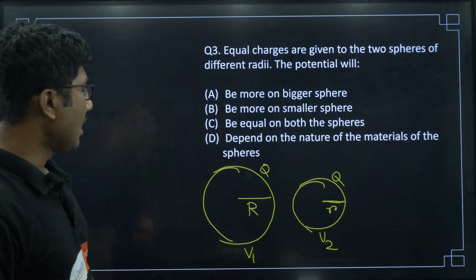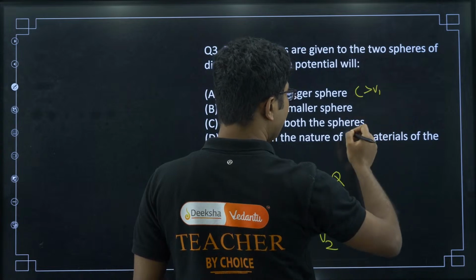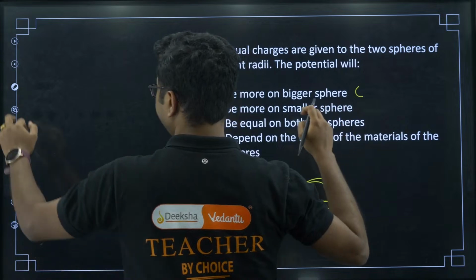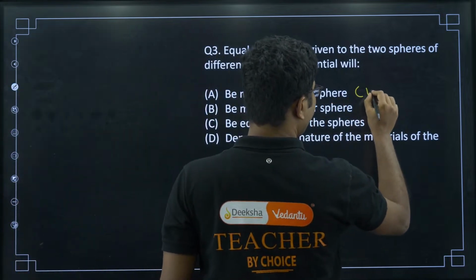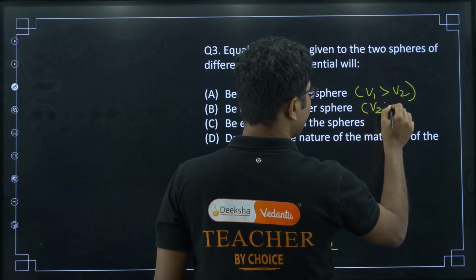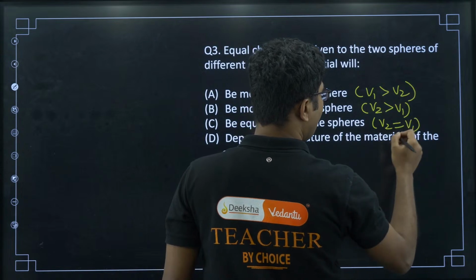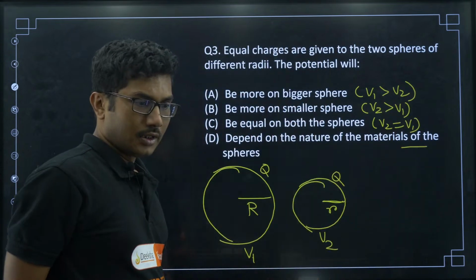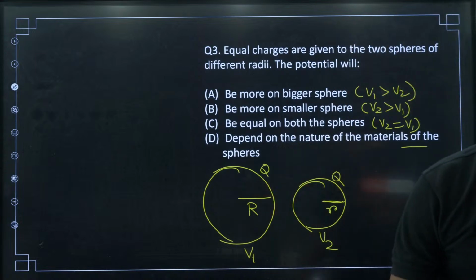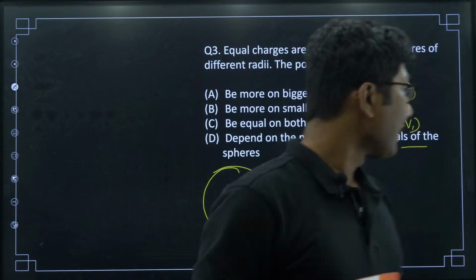So, the first option says V1 is more than V2, the second says V2 is more than V1, the third says V2 is equal to V1, or something else. So, let us see who is the smartest person. Pooja is saying 3B, Rocky 3B, Classic 3B, yes, correct.